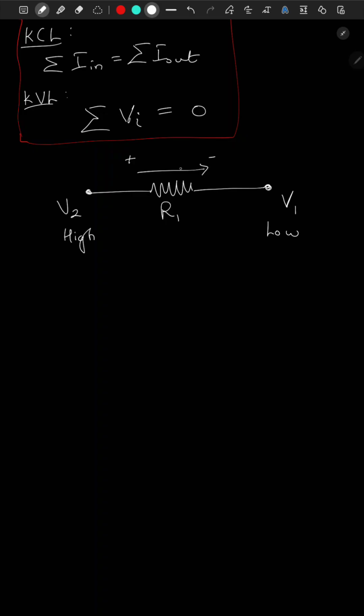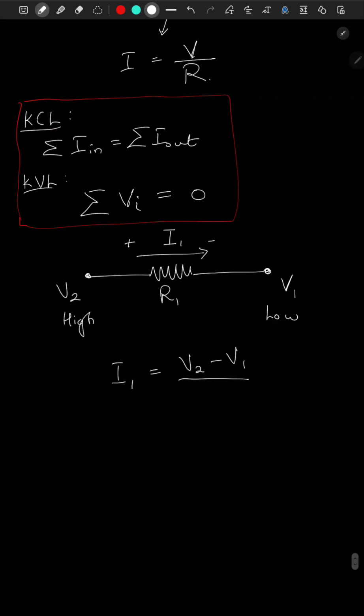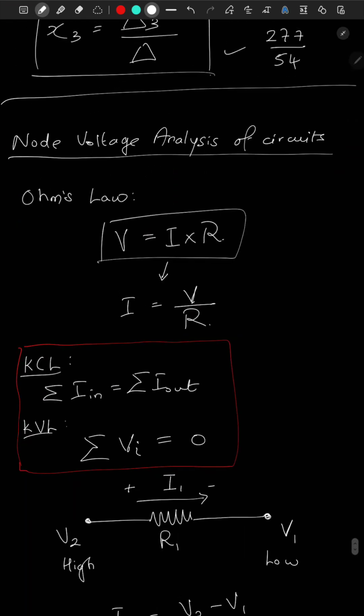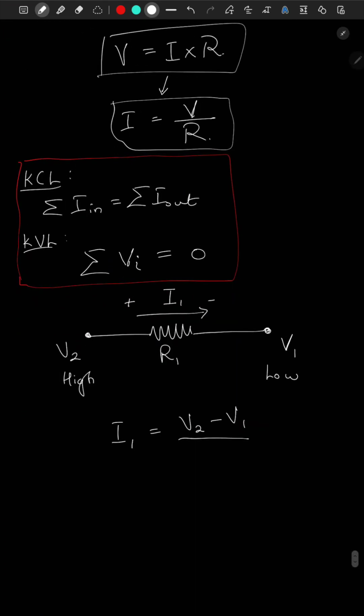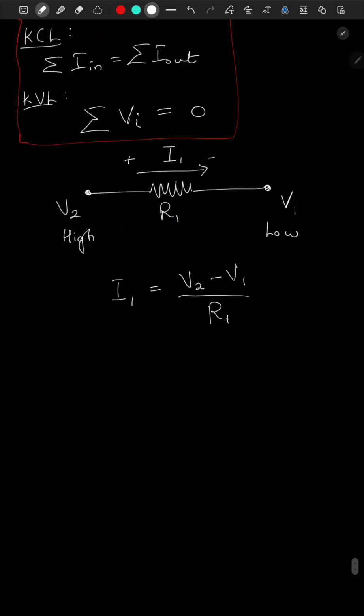So current will flow, let's call it I1. So I1 will flow from a high to a low potential. By Ohm's law, we can write I1 as the potential difference, the difference between the two potentials, V2 minus V1, the high minus the low, divided by the resistance, which is R1.